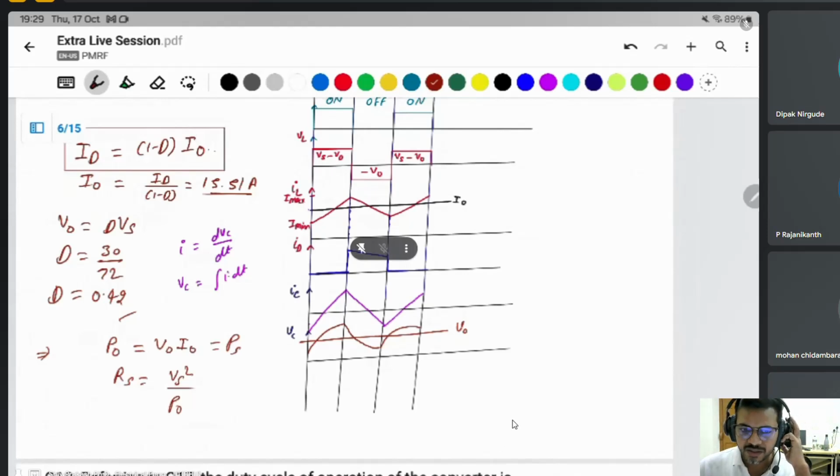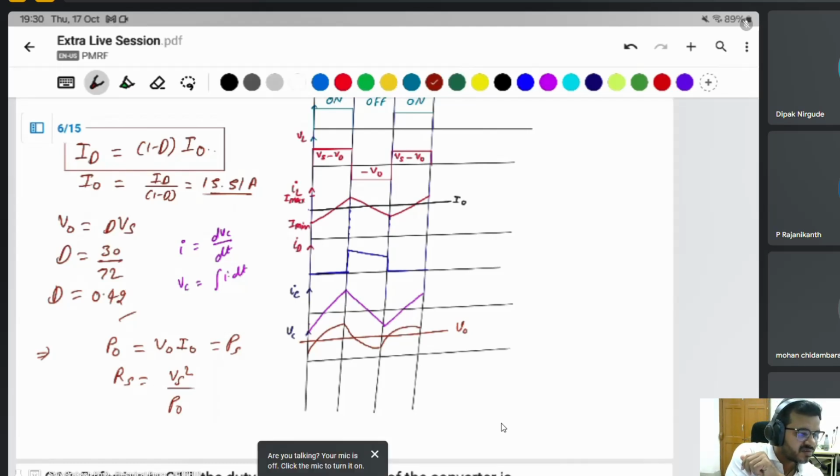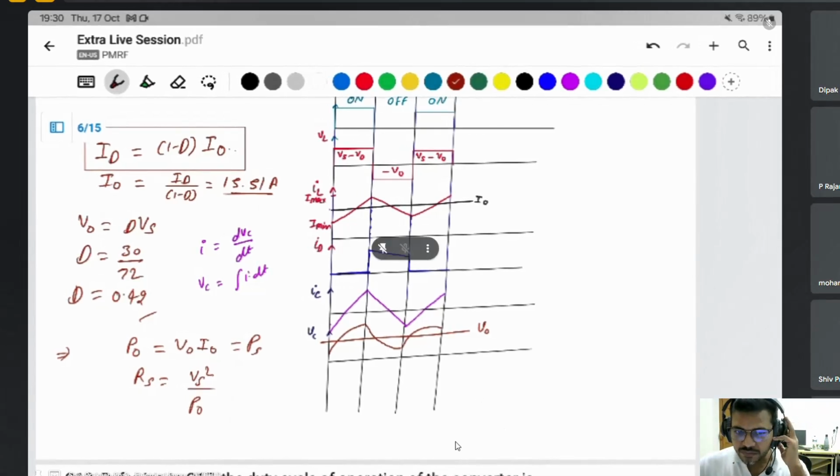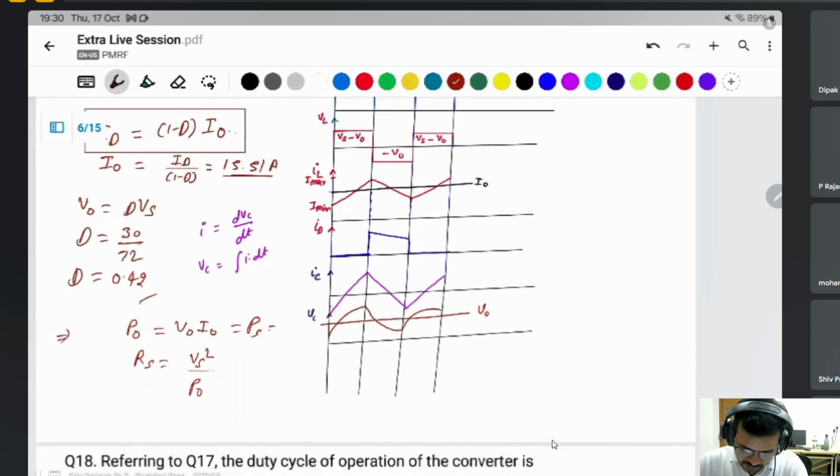P naught will be 15.5 into 30 volt, 465.